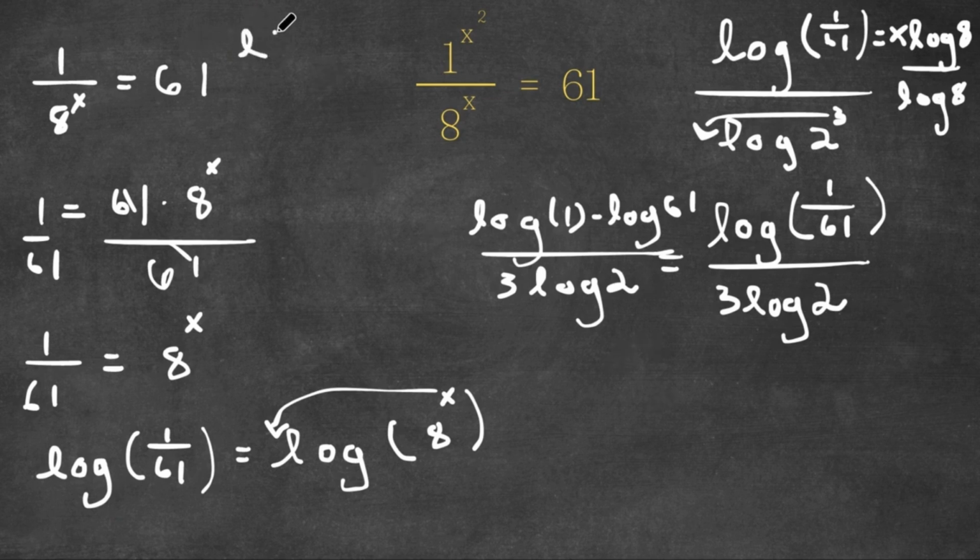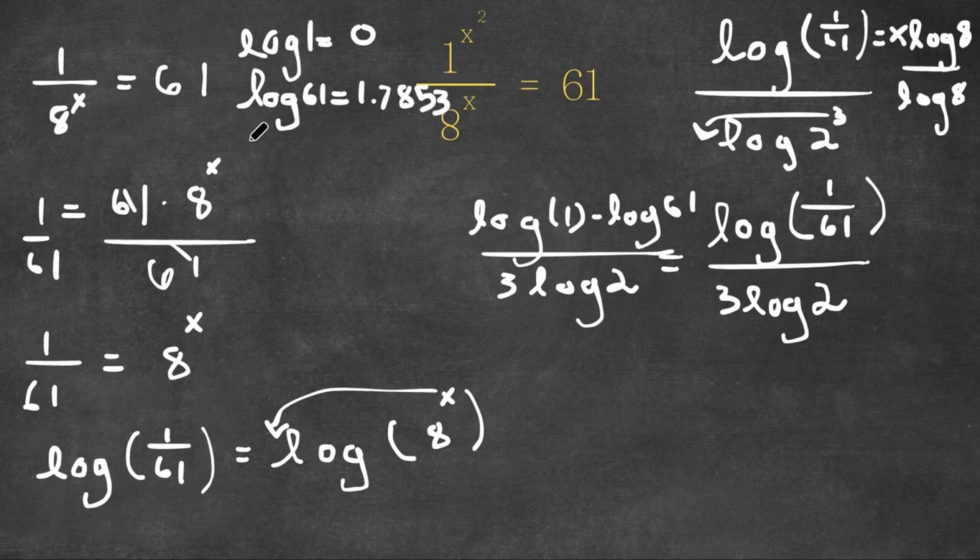Now, log 1 is equal to 0. Log 61 is equal to 1.7853. And 3 log 2 is equal to 0.9031.